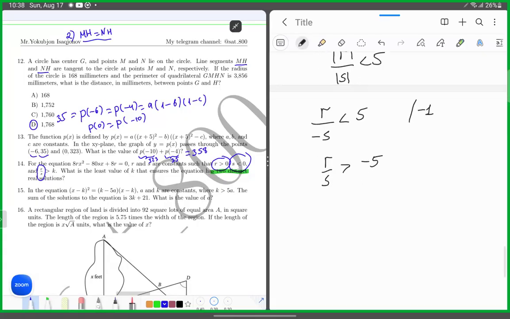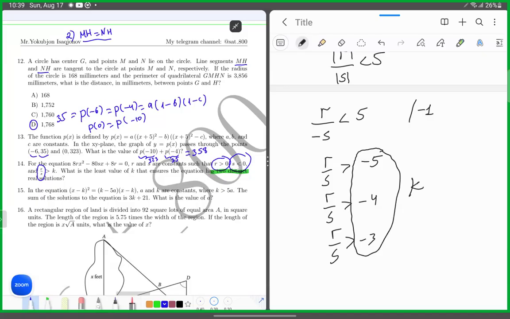Look, guys, when r over s is greater than minus 5, it ensures what? No solution. It means when r over s is greater than minus 4, as well no solution. When r over s is greater than minus 3, as well no solution. Here, all those values are the values of k.